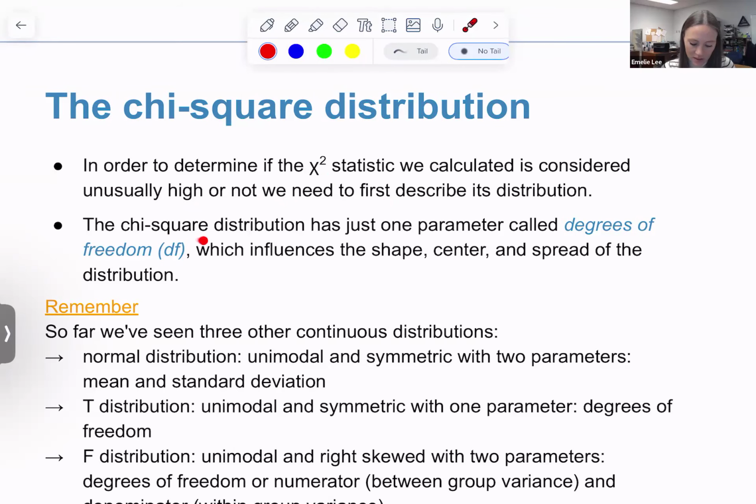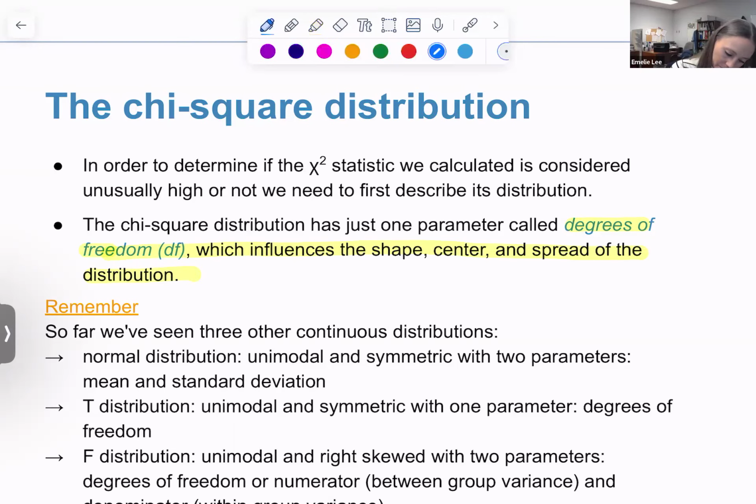The chi-squared distribution has just one parameter, right? One thing that influences the shape, center, and spread of the distribution, and that's the degrees of freedom. Depending on the number of categories, that's going to determine the shape, but also the area in the tail, which is the p-value.